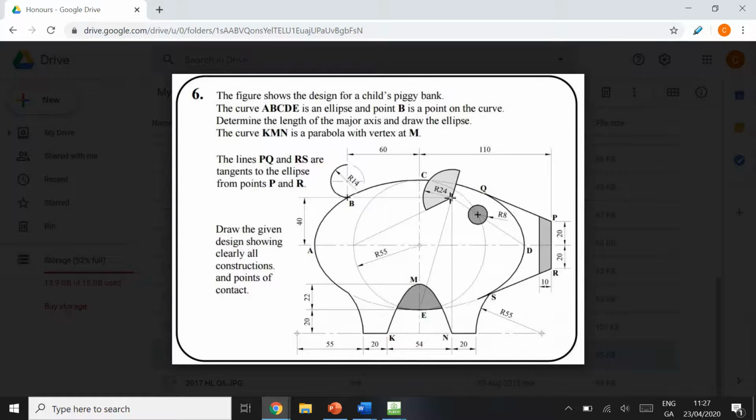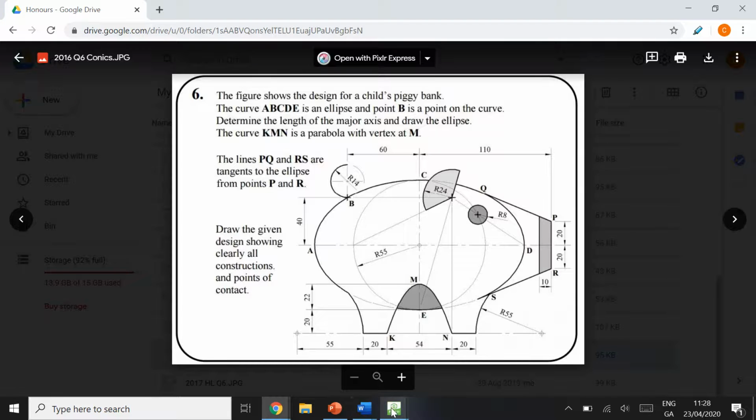To find that, we need to go straight up from N with a vertical line, and then go straight across from B. That's going to get us this point. Then from this line here on the minor, we're going to draw a horizontal line up to it, and we're going to draw from E a horizontal line up to it as well.